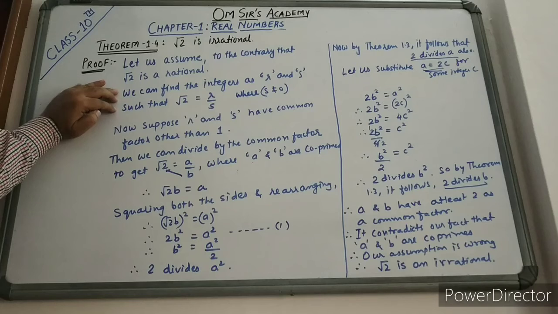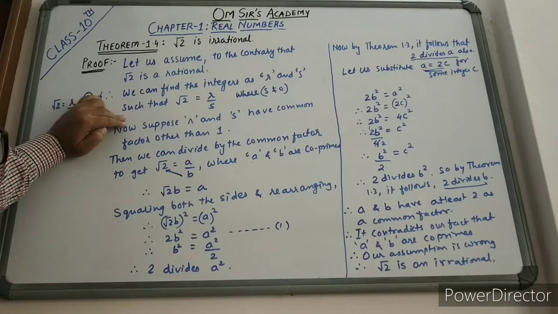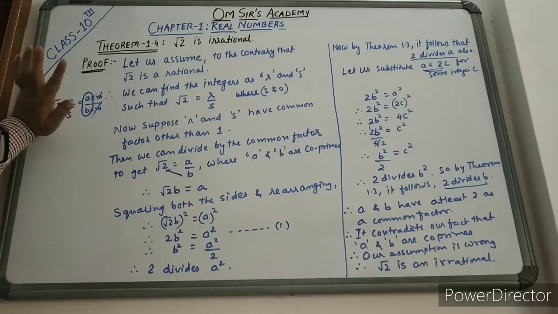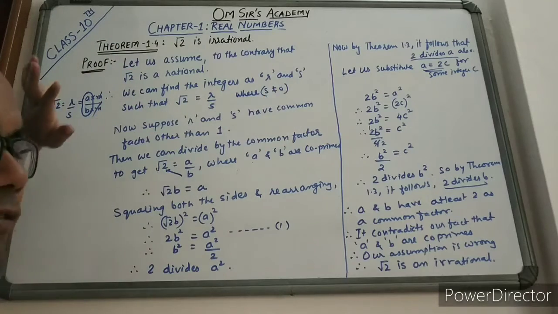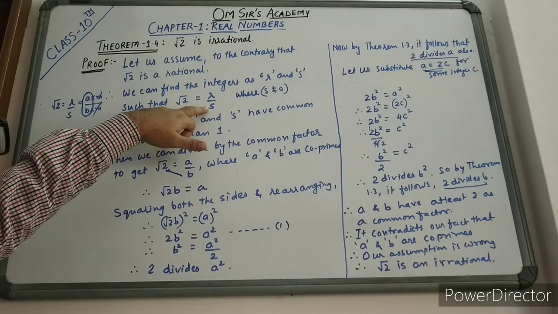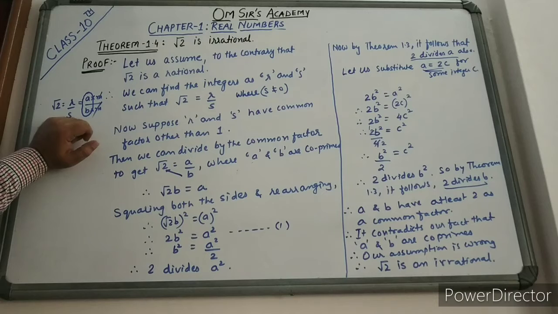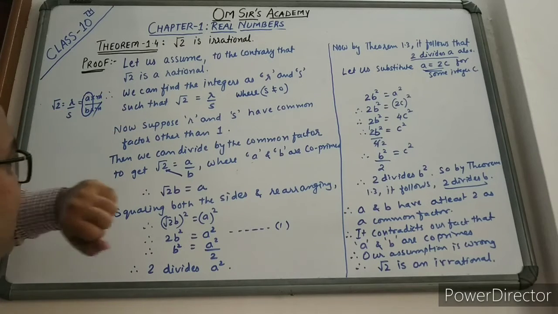Then यदि वो rational number है तो it should be in p by q form or r by s form. तो we find that the integers r and s such that root 2 is r upon s, where s is not equal to 0. Okay, denominator should not be equal to 0 in case of rational number. So we write that s is not equal to 0. Now suppose r and s have common factor other than 1.